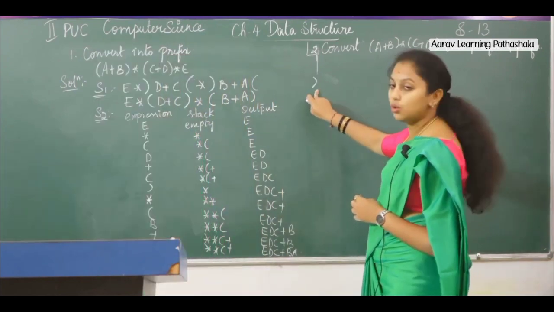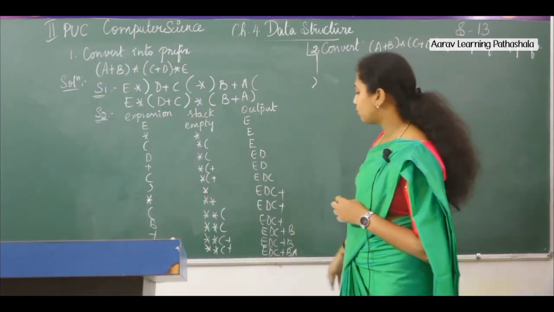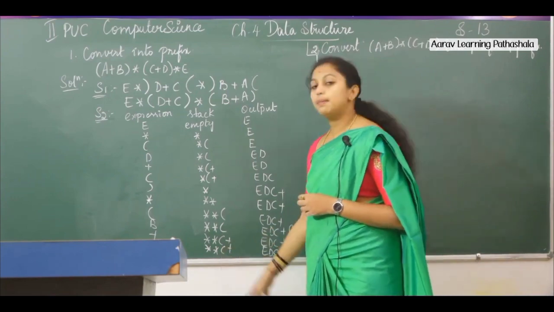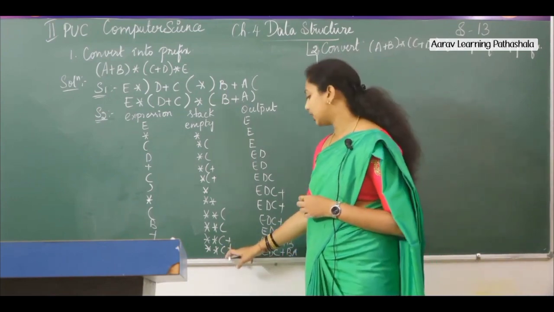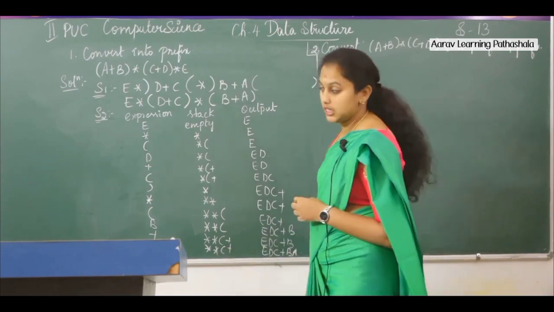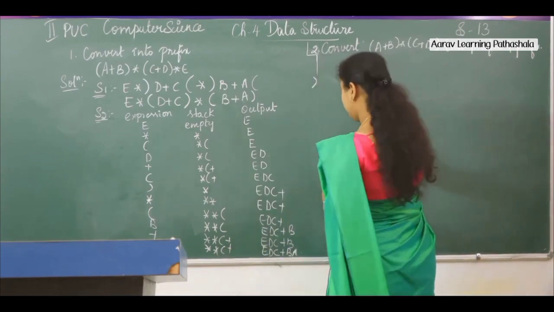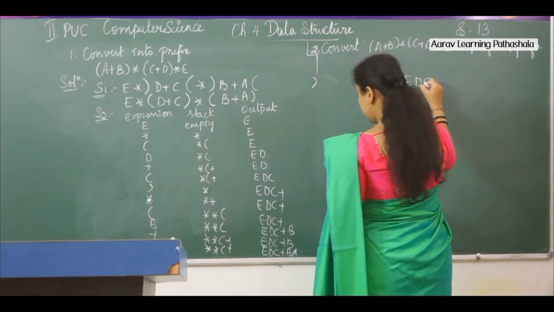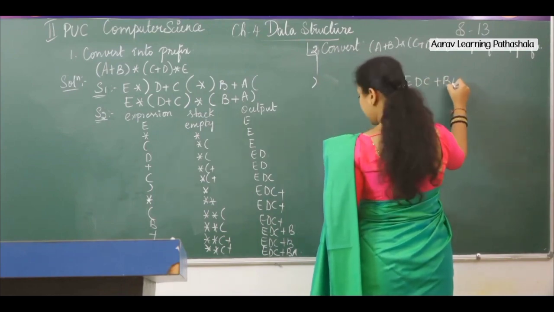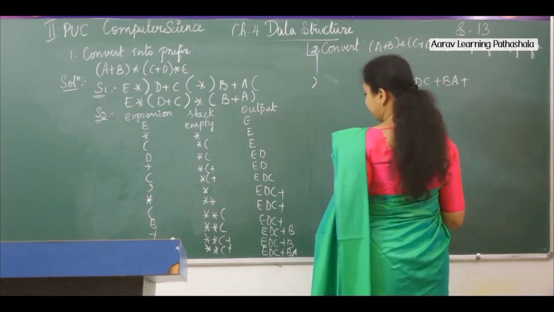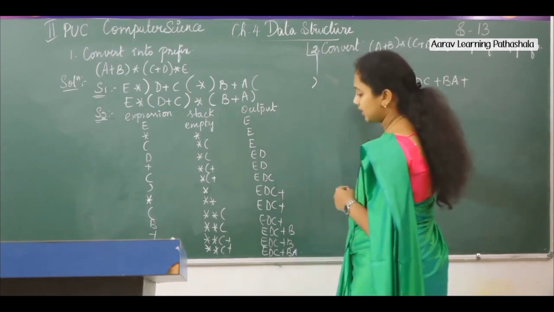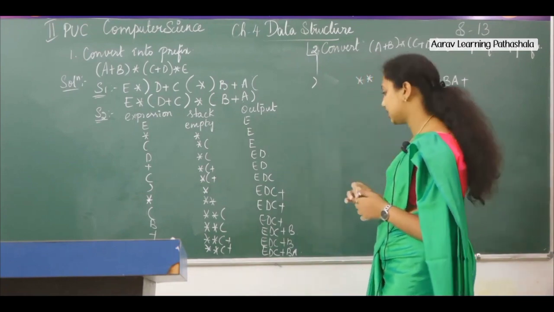If we get this closing parenthesis, we have to pop out all the operators from the stack until we get this opening parenthesis. We have to discard this opening parenthesis. So the output will be EDC plus BA plus. So here the stack contains star star, that is multiplication symbol.